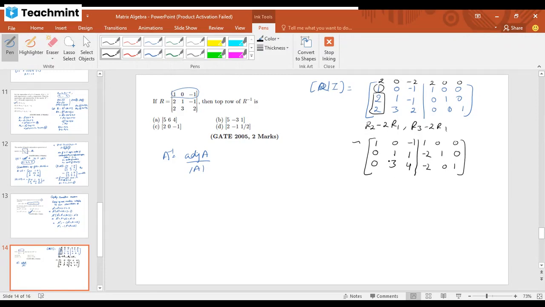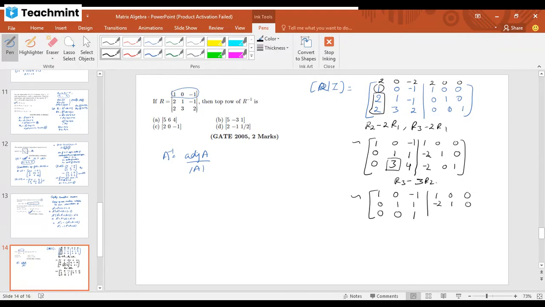Now to reduce it into row equivalent form, we'll try to make this entry 0 by applying the operation R3 minus 3 times R2. If we apply this operation, then this is 1 0 minus 1, this is 1 0 0, 0 1 1, minus 2 1 0, 0. 3 minus 3 is 0, 4 minus 3 is 1.